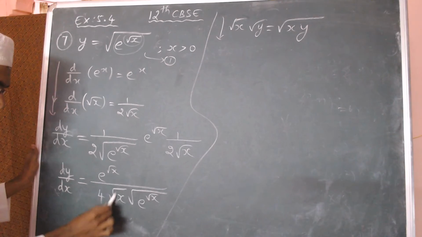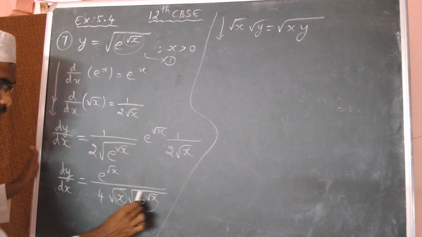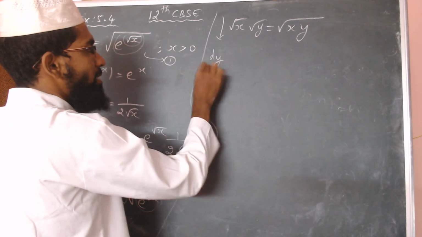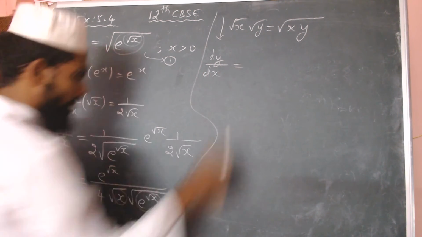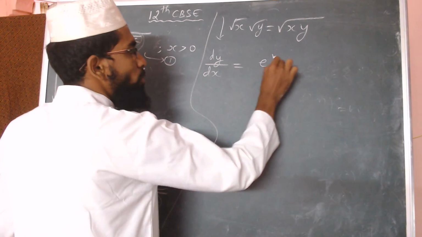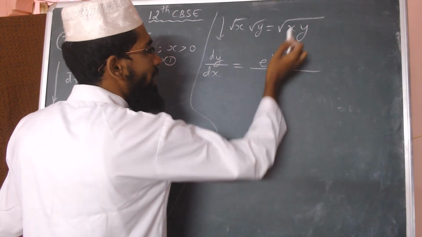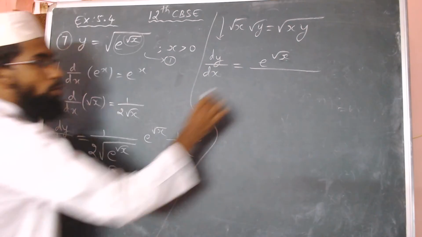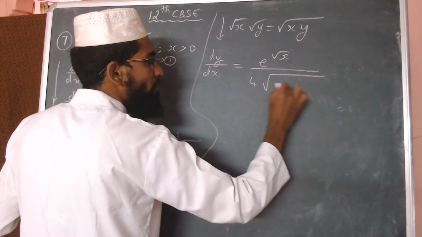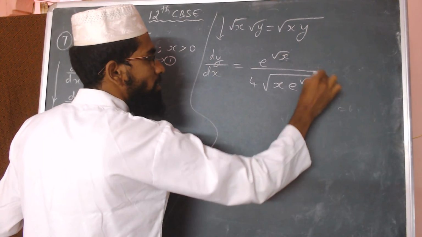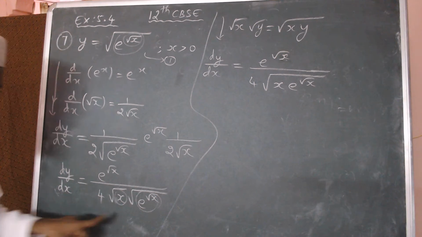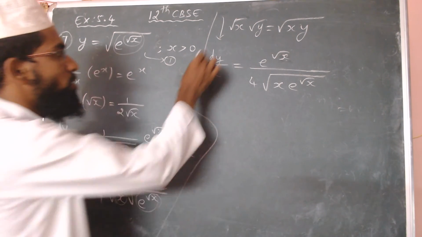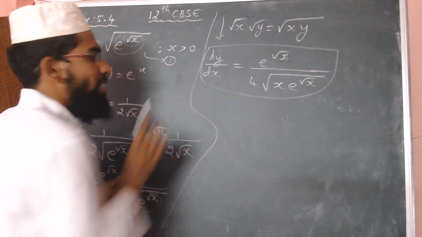So dy by dx equals e power root x divided by 4 into the whole root of x into e power root x. With the help of this formula, root of something into root of something, I am writing root of x into e power root x. So this will be my dy by dx.